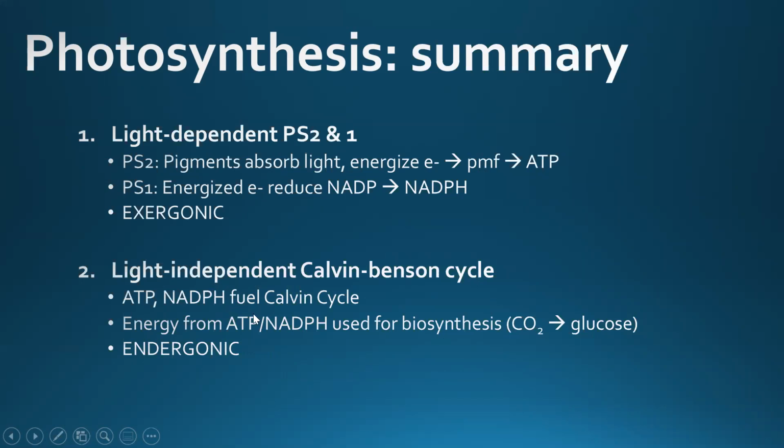If we are synthesizing something, we are building something, it is endergonic. Energy is required for the reaction. Remember, energy is entering. You're using the ATP and NADPH to produce the glucose.